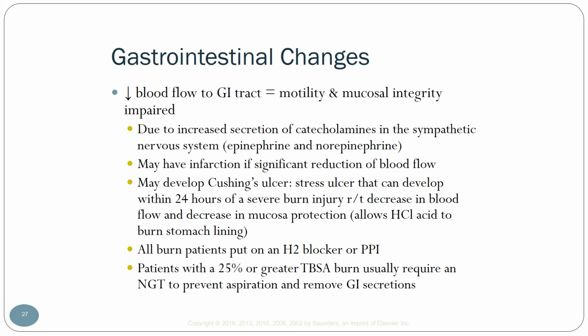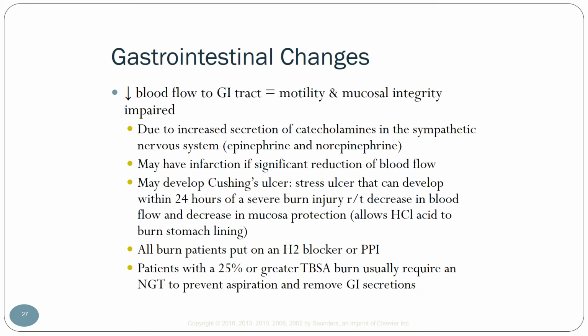We also have gastrointestinal changes that happen because of burns. There is an immediate shunting of blood from the GI tract. That's part of the sympathetic nervous system or the fight or flight response. With all those vascular changes and the depletion of the plasma volume, we're going to make sure we're perfusing those organs that are most necessary.